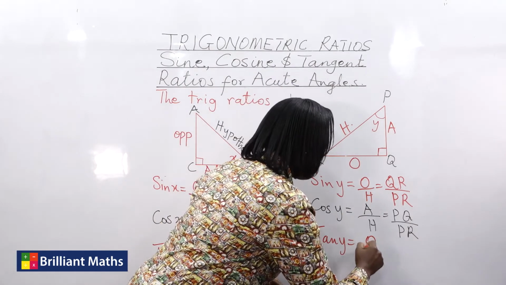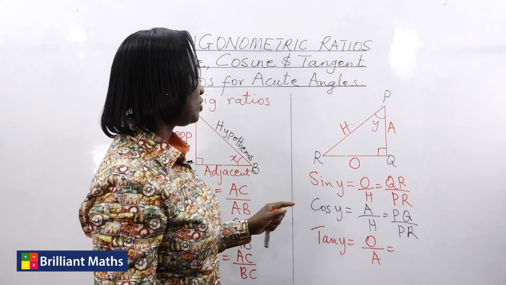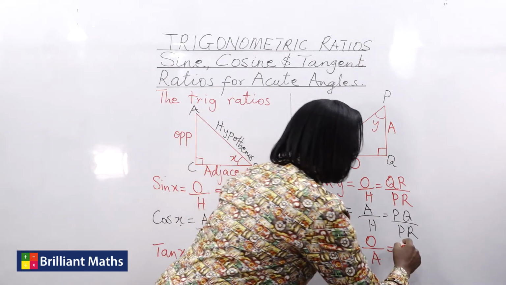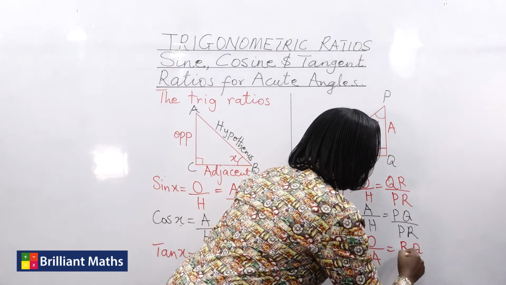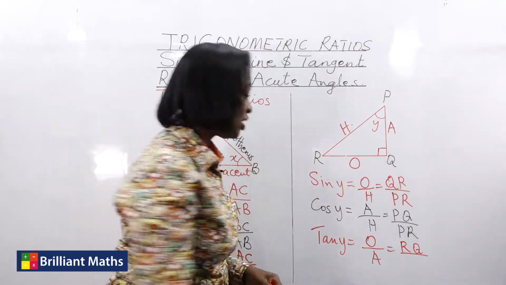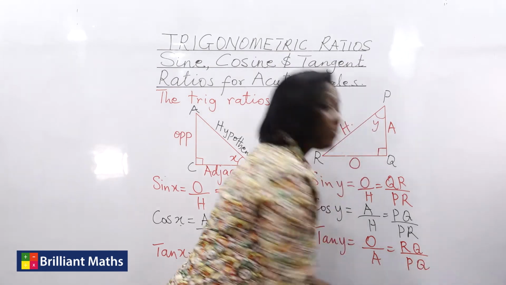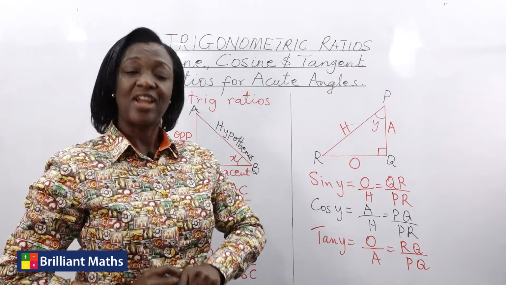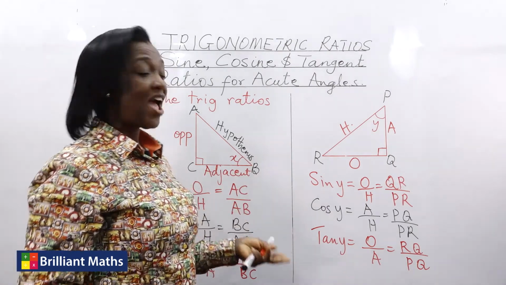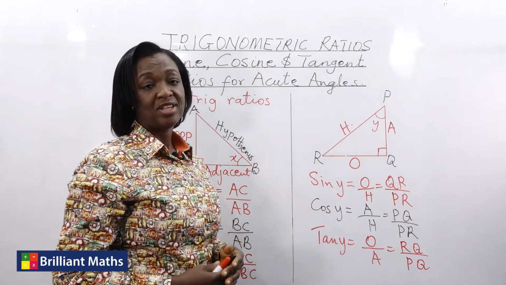That is O over A. And O, we know, is RQ or QR over A, and A is our PQ. So we have learned how to find the sine, the cosine, and the tangent ratios of a given acute angle.